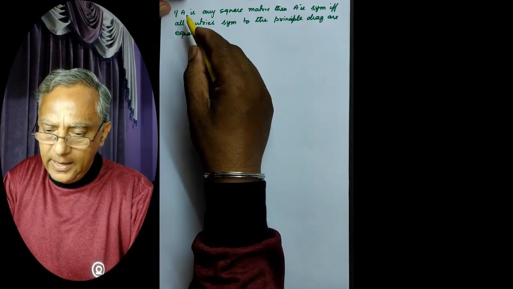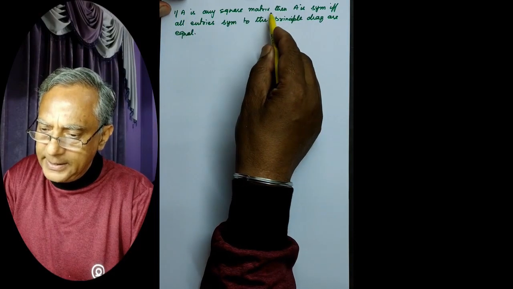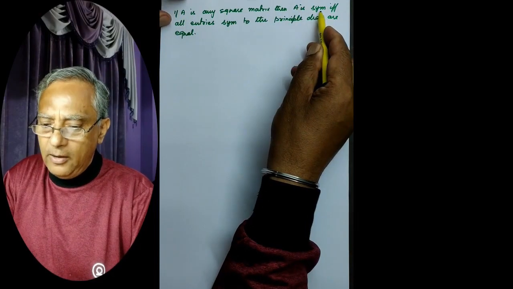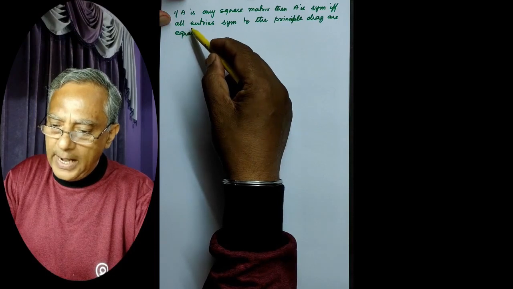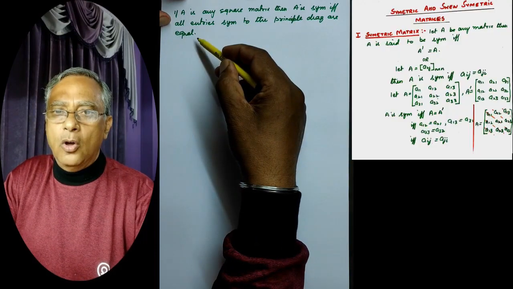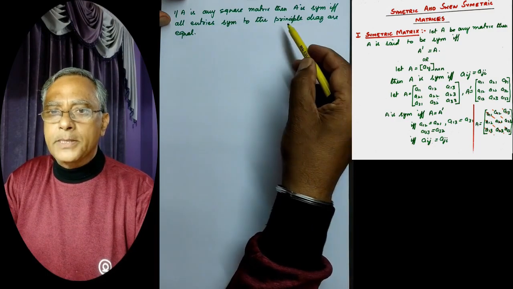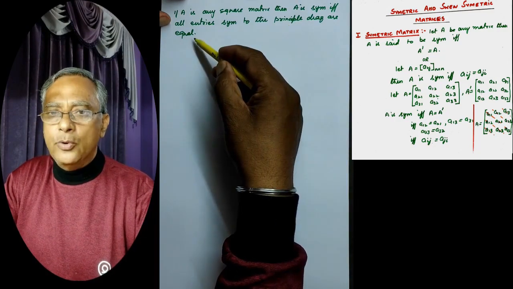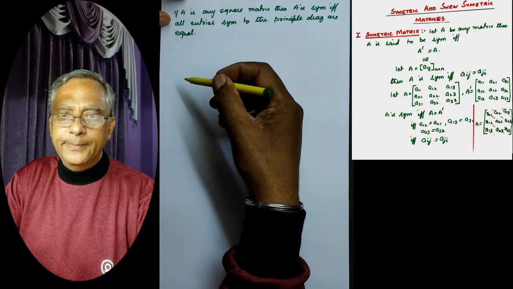So we can say if A is any square matrix, then A is symmetric if and only if all entries symmetric to the principal diagonal are equal. You can see the side sheet.